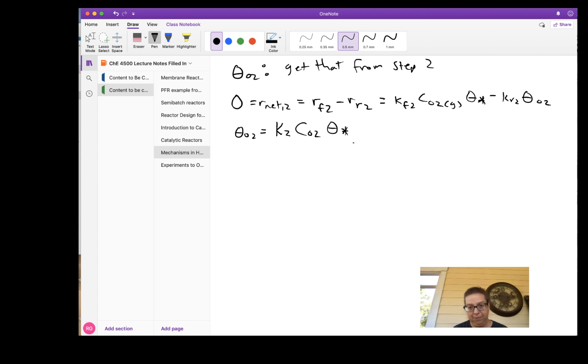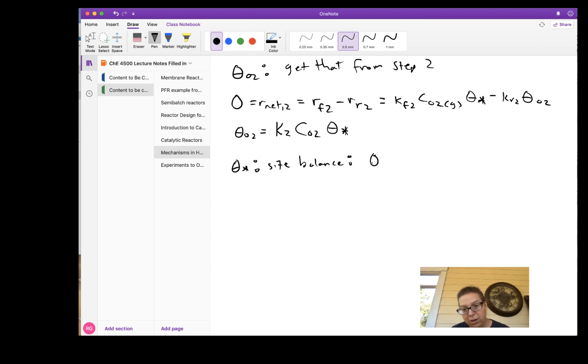Now I need my expression for theta star, the coverage of free sites. The way I get that is through the site balance.